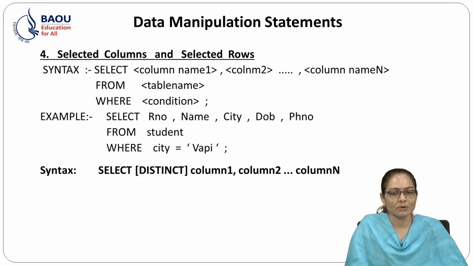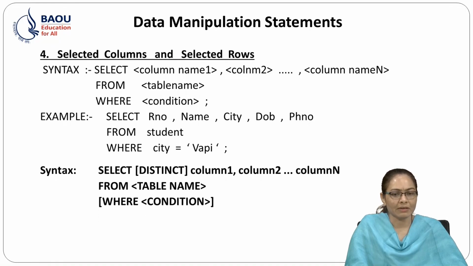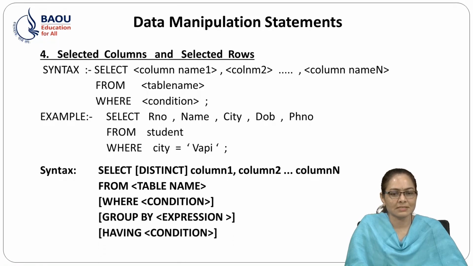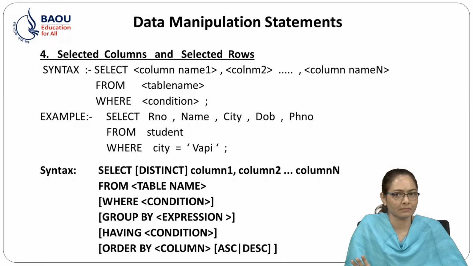Here the syntax of the select command is given. The where clause, having clause, and all the clauses are given here. So these are the syntax of the select command: select, distinct, then column name 1, 2, 3 up to n.